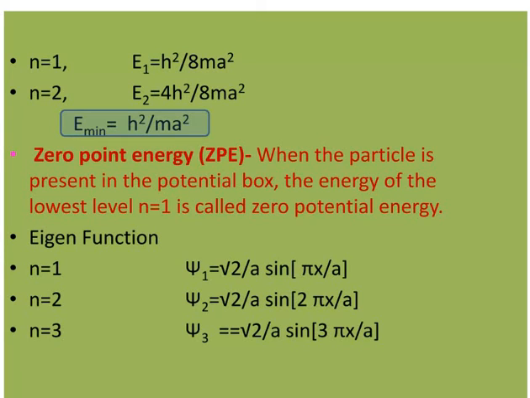So what is the zero point energy? When the particle is present in the potential box, the energy of the lowest level n is equal to 1 is called zero point energy. So eigenfunctions, you can see n is equal to 1, psi value this, n is equal to 2 and n is equal to 3. You have the psi 1 value, psi 2 value and psi 3 value.